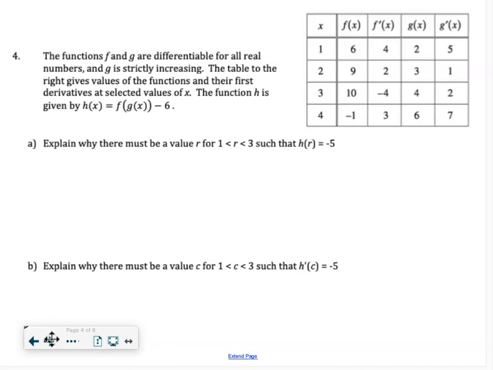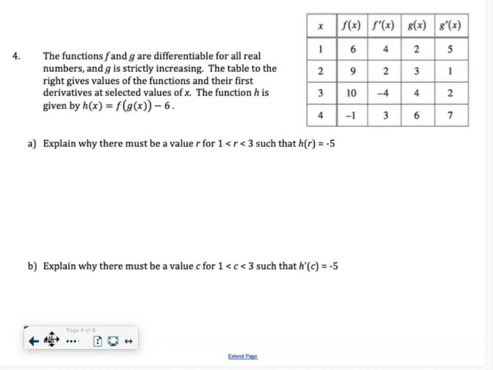If you're talking about derivative values, what theorem are you using? MVT. So, does the function have to hit a certain value? That's IVT. Does the derivative have to hit a certain value? That's MVT. Some of you guys are using Rolle's. Rolle's only applies if the derivative equals what? 0. That's it. So you can't use Rolle's to justify a derivative equaling negative 5. It doesn't work. You have to use MVT for this one, IVT for this one.